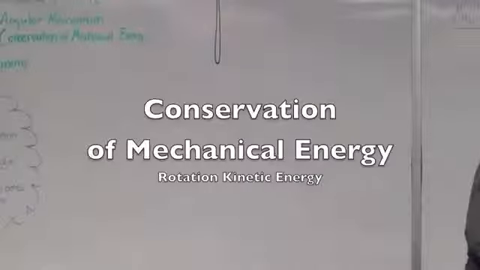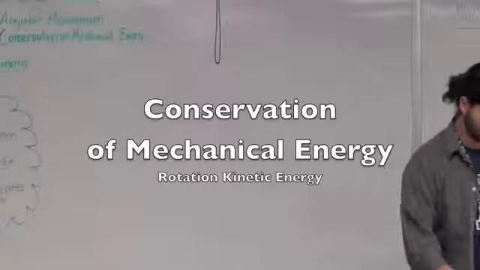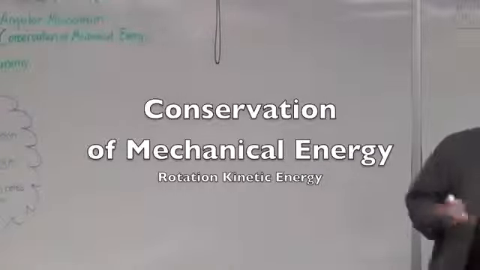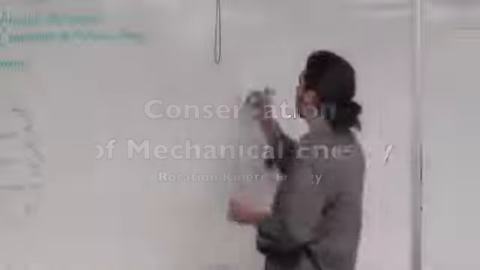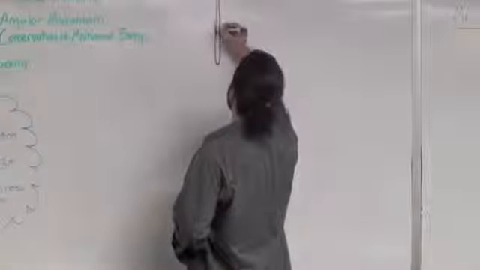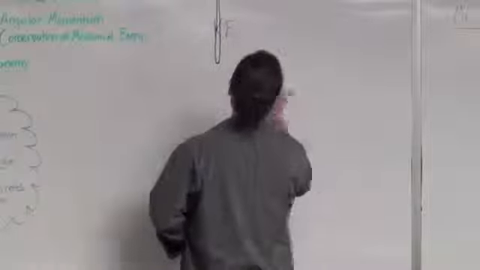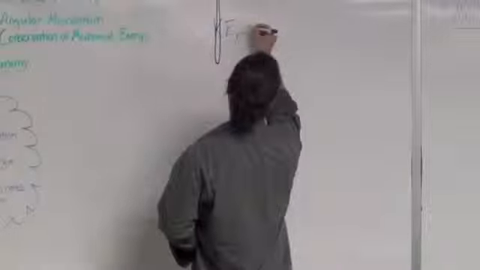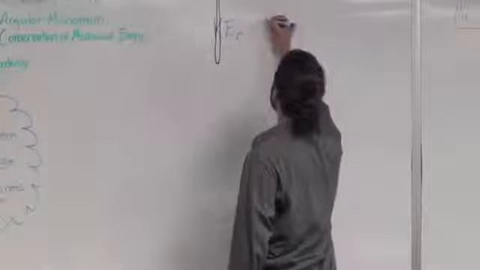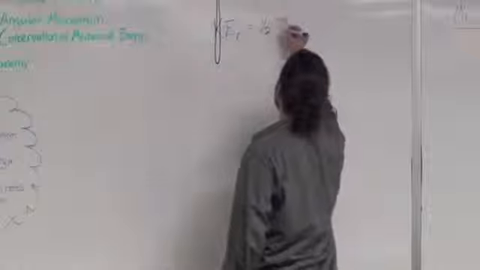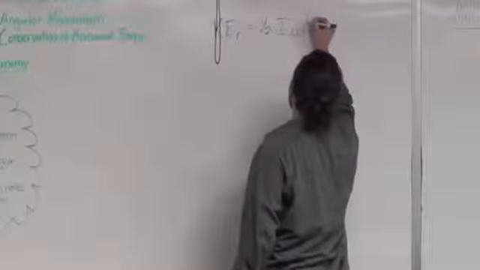The way your book introduces it is just by giving you the formula. The kinetic energy in a rotational system is given by the equation 1/2 I omega squared.